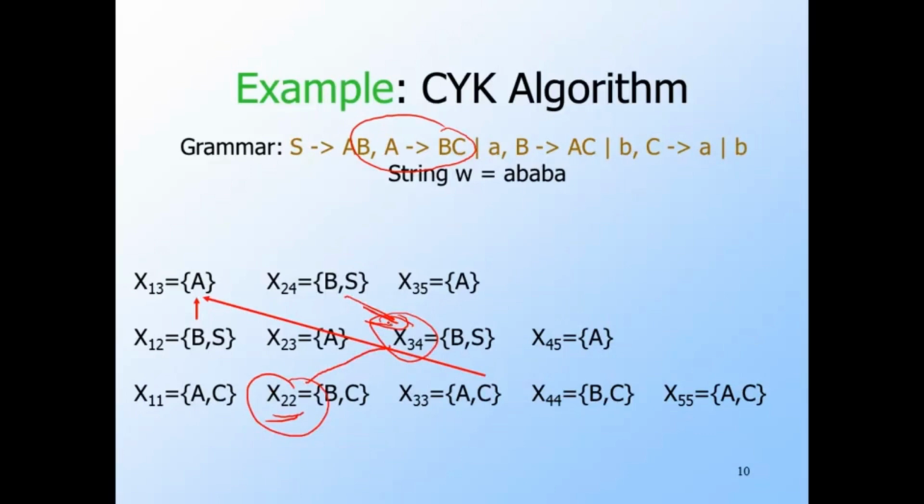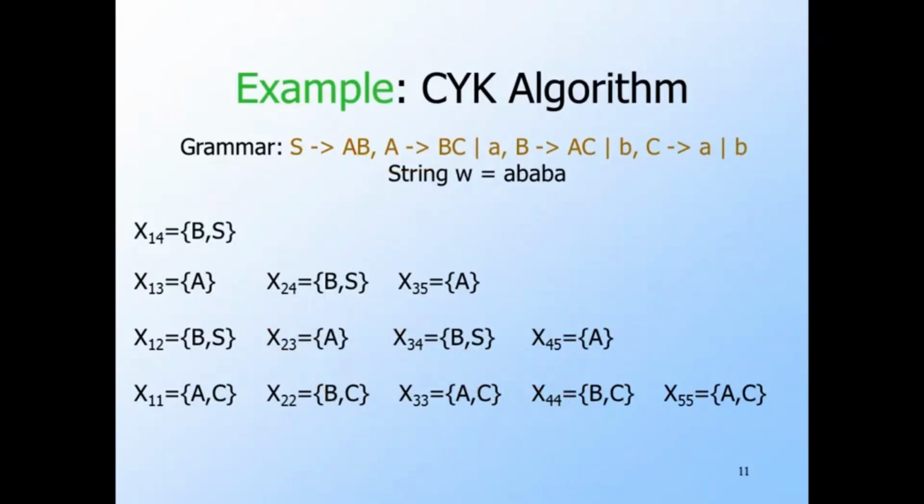We then pair them to see what production bodies we can form, and then we move up the column, in this case to x23, and down the diagonal, in this case, to x44, and we pair these 2 to again see what variables we can form from that one followed by that one.